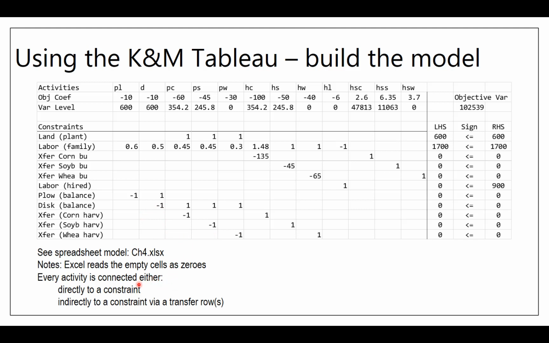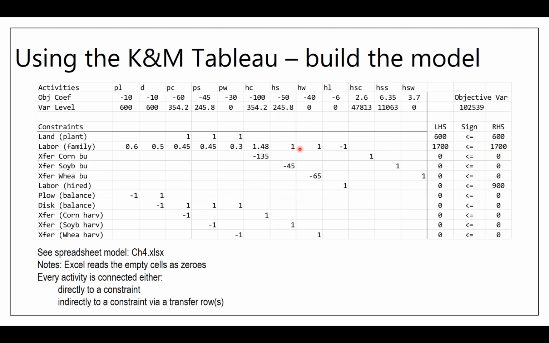And then, as modelers, as sort of math programmers, we should be able to make the connections and say that every activity here is going to be connected to a constraint either directly, right? So all of these activities up to harvesting wheat, I guess even hired labor, through harvesting wheat are directly related to this labor constraint.